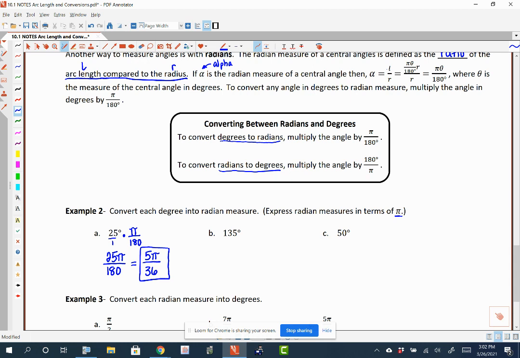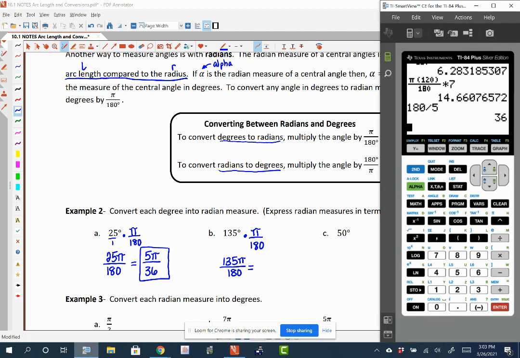Let's try it again on B. 135 degrees, to change into radian measure, we would multiply pi over 180 by 135. Again, we're multiplying numerator to numerator and denominator to denominator, and thinking, can this be simplified? Again, this is at least divisible by 5, maybe more.